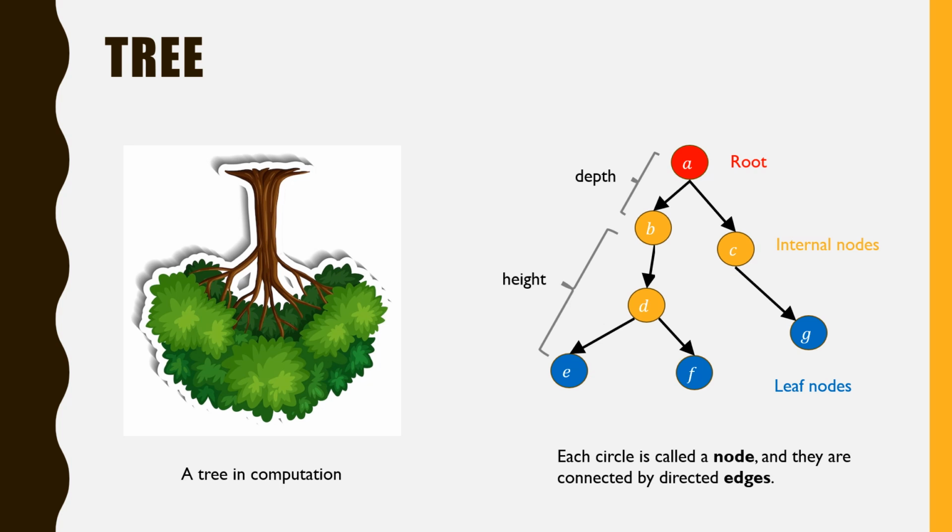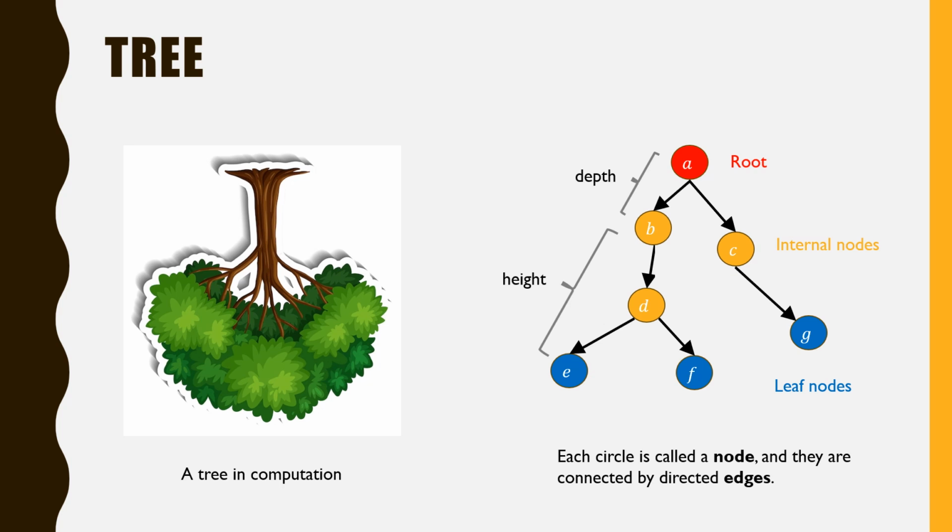In the tree data structure, nodes are connected by edges. Similar to a natural tree, there is one special node from which all other nodes originate. This special node is called the root, and it is highlighted in red in the figure.